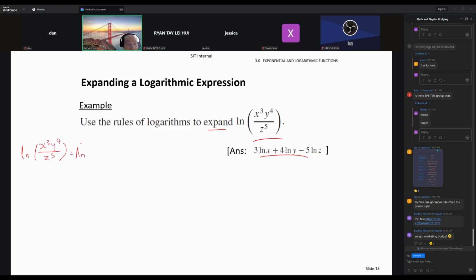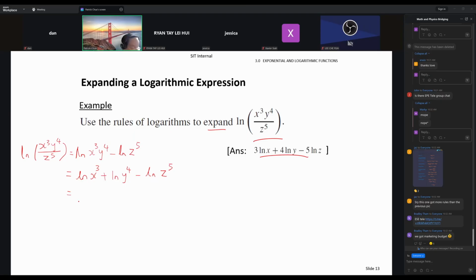So you have a numerator and a denominator. So log of the numerator, x cubed y to the 4, and z to the 5 is in the denominator. So when you put a log there, you minus log z to the 5. And you can further expand it. When you have x cubed and y to the 4, it is a plus. So it's log x cubed plus log y to the 4 minus log z to the 5.